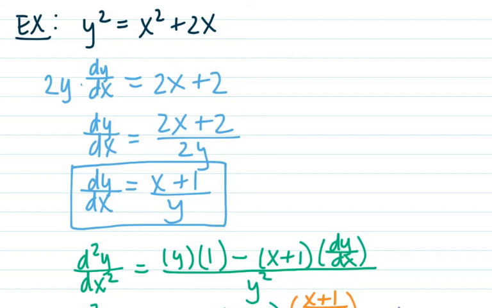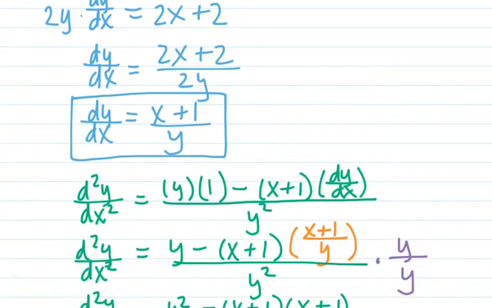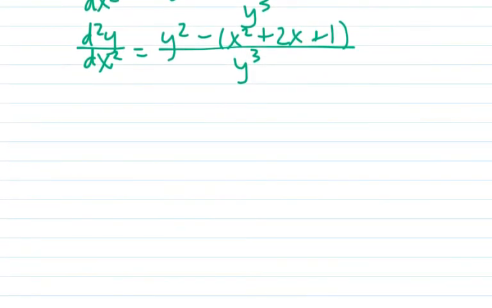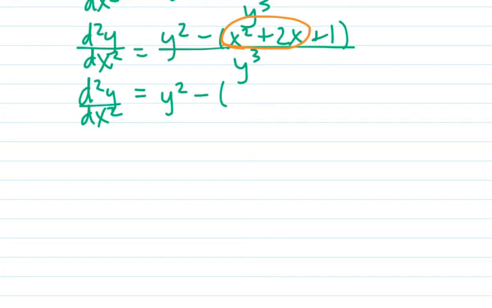So again, I'm going to take the fact that y squared equals this. Okay, I'm going to come down here, and I see x squared plus 2x right here, so I'm going to be sneaky and make that substitution. So y squared minus that piece is now equal to y squared, according to the original information I was given for the problem.